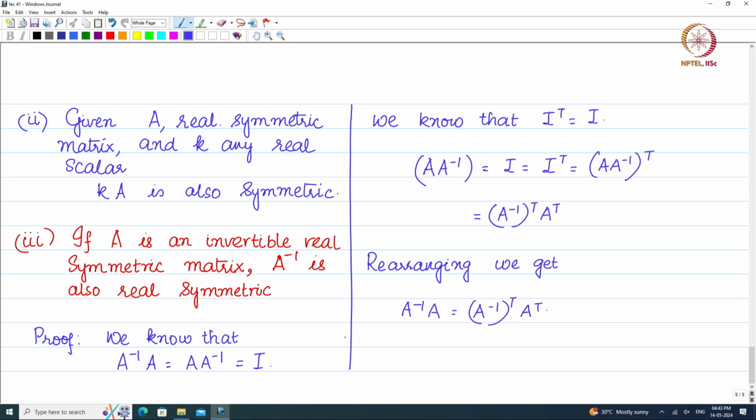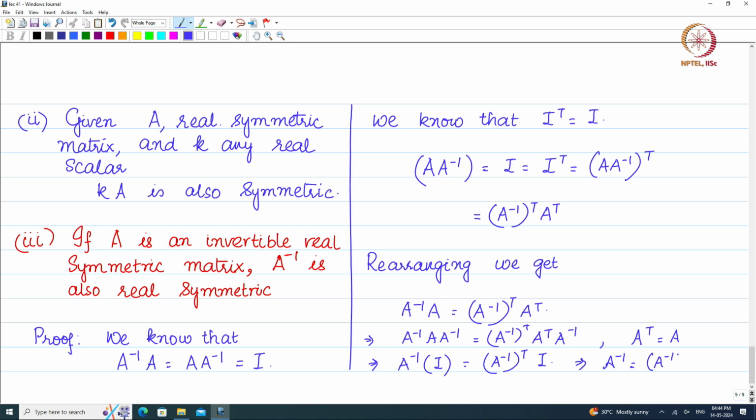Now, what I do is I post multiply by A inverse. So, what do I get? I get A inverse A into A inverse is equal to A inverse the whole transpose A transpose A inverse, but A transpose is equal to A, which implies A inverse into identity matrix is equal to A inverse the whole transpose into the identity matrix, which implies A inverse is equal to A inverse the whole transpose.